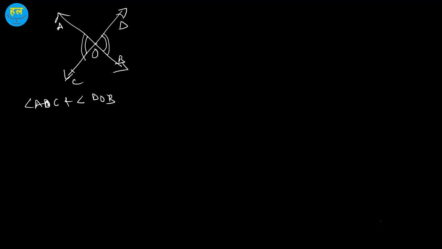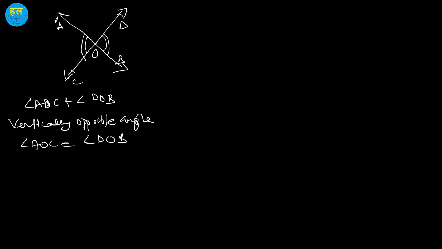They are called vertically opposite angles. And angle AOC will be equal to angle DOB, because vertically opposite angles are equal. They make pairs of vertically opposite angles. Also, this angle and this angle will also be vertically opposite, that is angle AOD and angle COB.